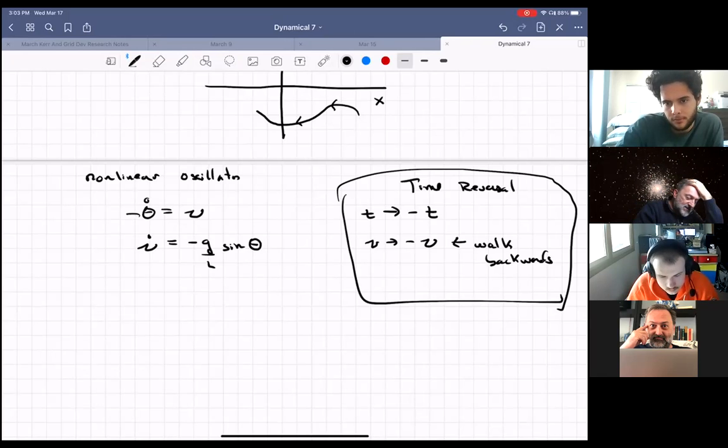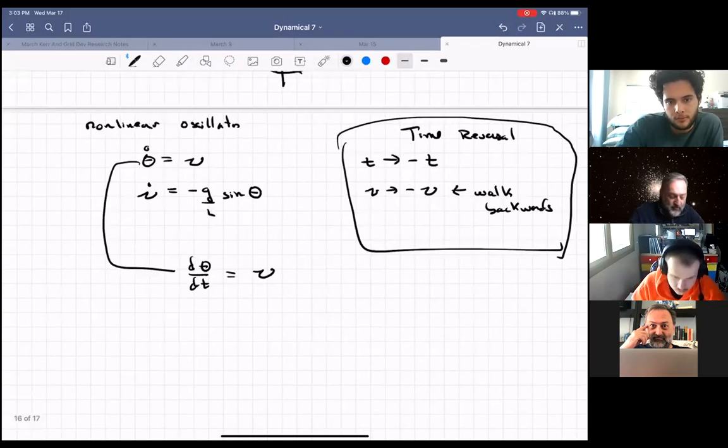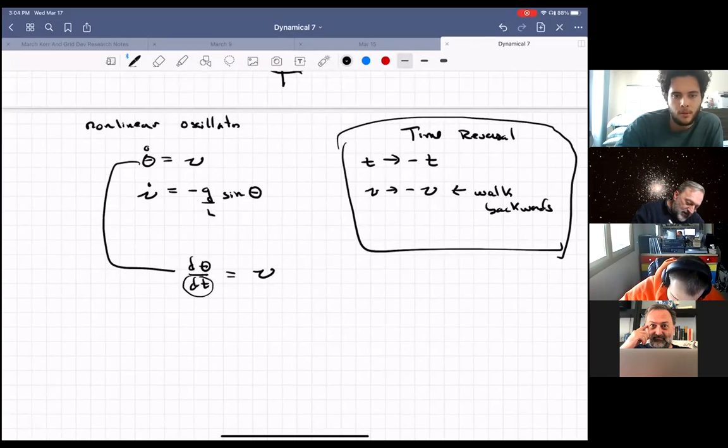Now if I take this equation, d theta dt is equal to nu, that shows time reversal symmetry. Because if I make t a negative t, then on this side I have negative d theta dt, and on this side I put in negative nu.